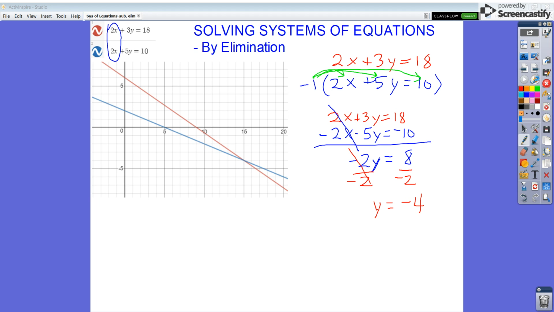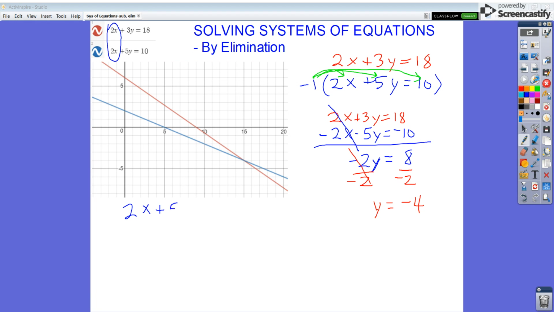So once we get what y equals, that is not the answer yet. We're going to substitute that into either of the two equations. It doesn't matter. I'm just going to pick the second one arbitrarily. So it's 2x plus 5y.